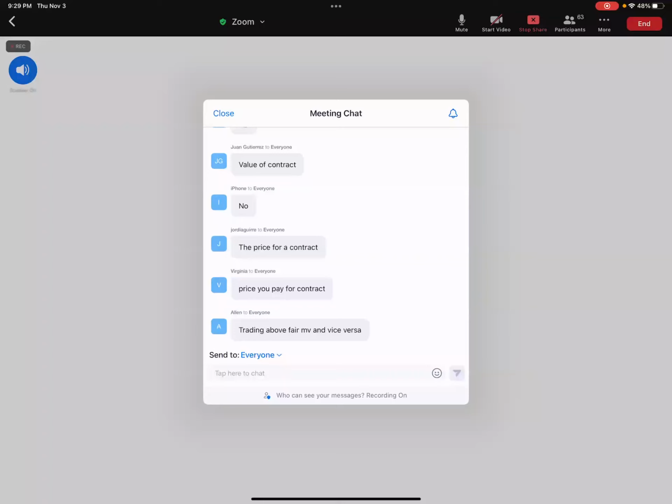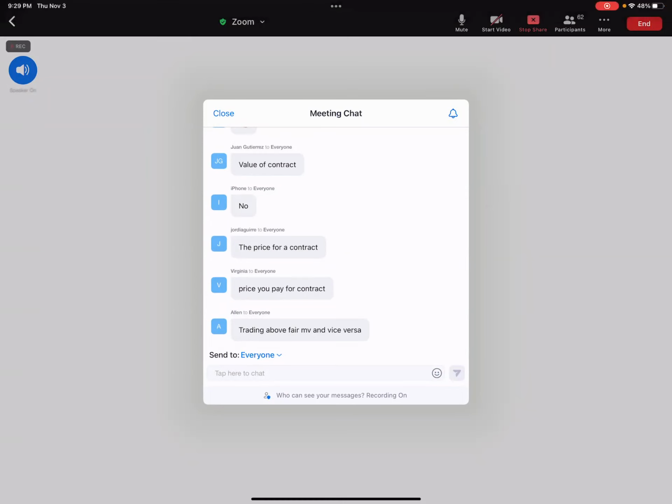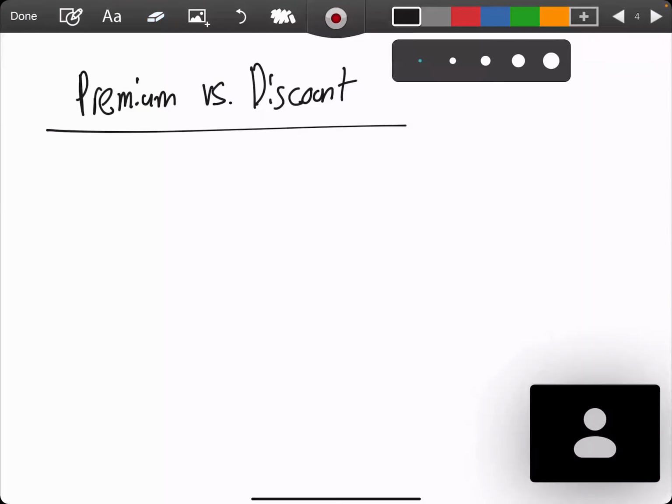Now, premium can also be synonymous with the general value of the contract itself. However, if we're looking at this just using price action, we want to look at premium within structure and how it moves.